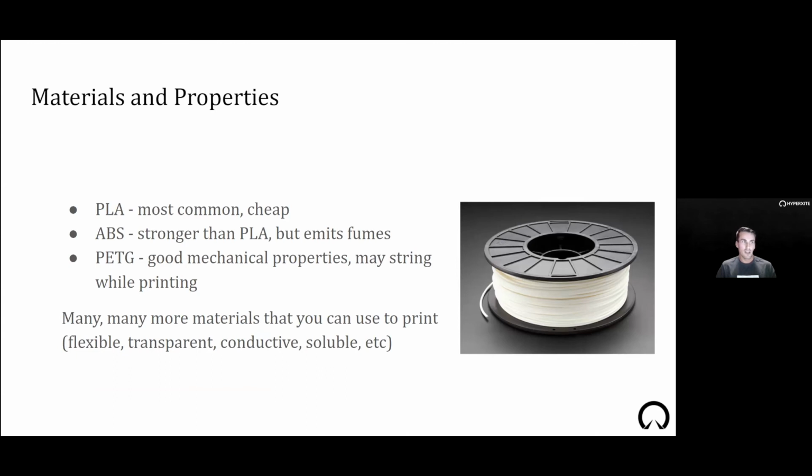It's stronger than PLA for sure, but if you're using your 3D printer at home, it does emit fumes, so it's a trade-off you have. It's good for workshop ones. And then there's also PETG, which has great mechanical properties, but it may string while printing. Like I said, there are lots of various filaments that you can use for 3D printing, but it all depends on what kind of 3D printer you have and what you're limited to.